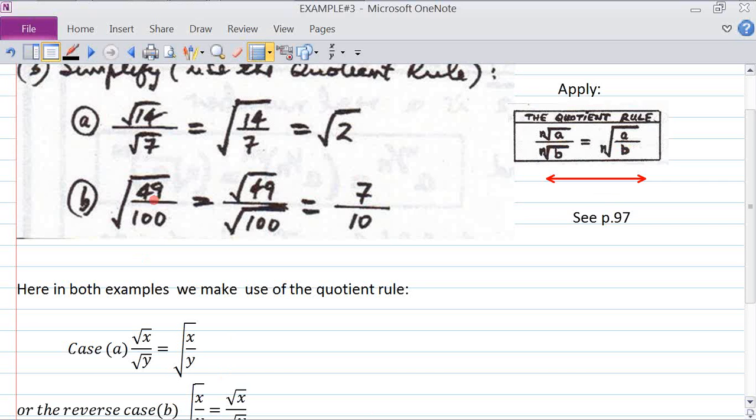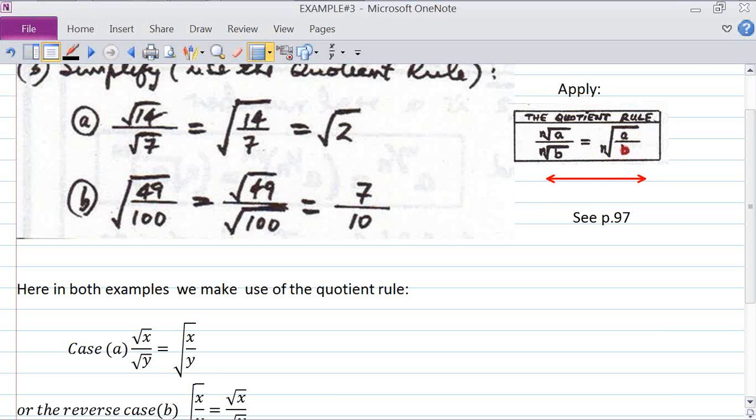And here what we're going to do is reverse the procedure. The square root of 49 over the square root of 100 equals, and we're going to take the square root of the top and the square root of the bottom. So we're reversing this. We're going from right to left.